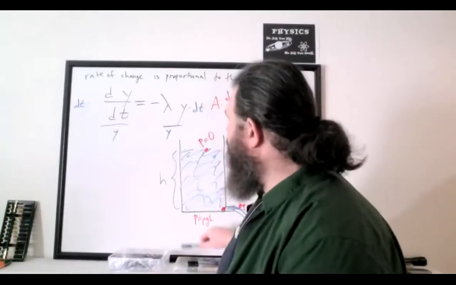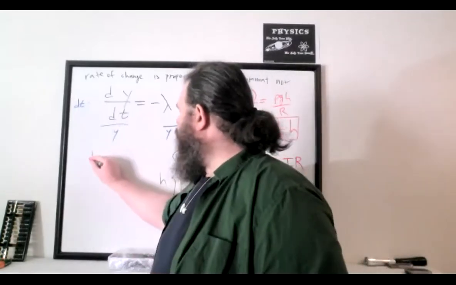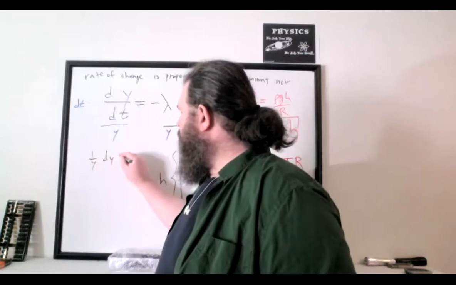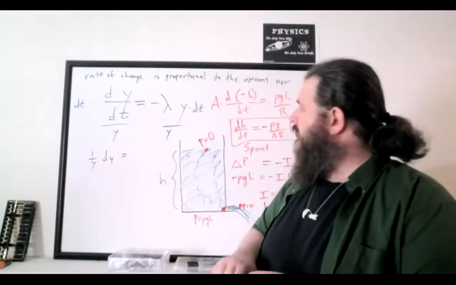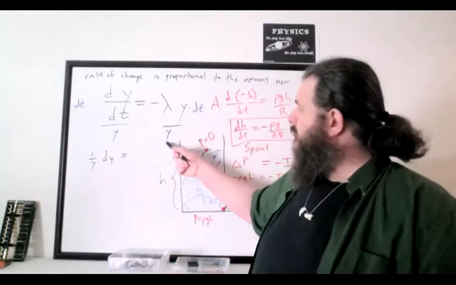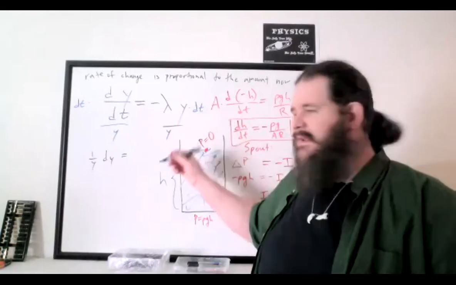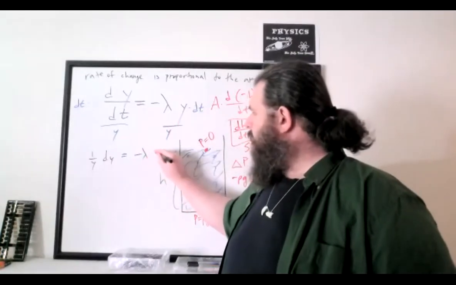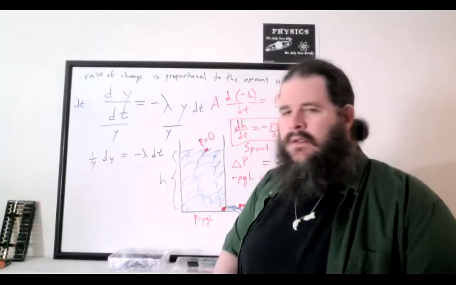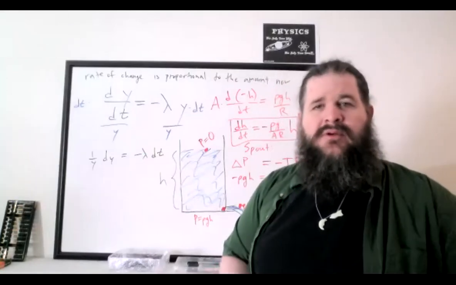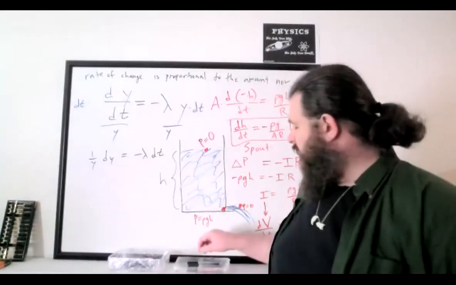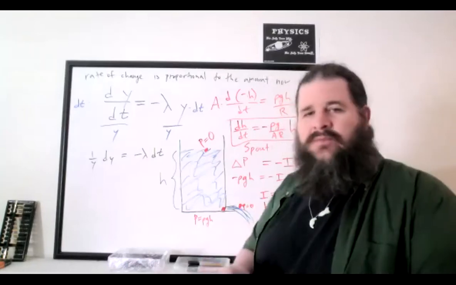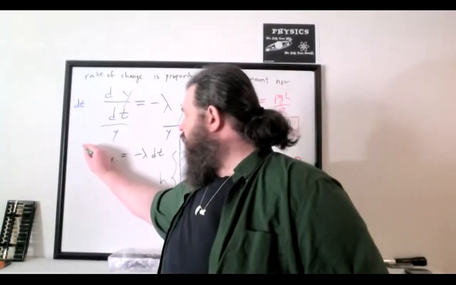So what we're left with is 1 over y dy on the left side, and then on the other side, the y's cancel out, we just have negative lambda dt. So we have separated the variables. We moved all the y's to one side, all the t's to the other side. And at this point, we can now apply an integral sign to both sides.